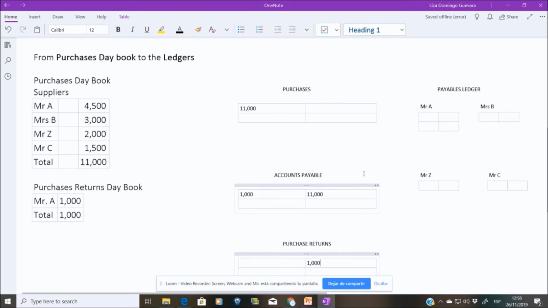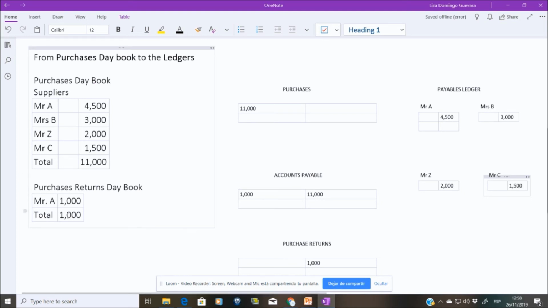So after that, we will also record to our subsidiary ledgers, to the individual supplier account. So we have Mr. A 4,500, Mrs. B 3,000, Mr. Z 2,000, and Mr. C 1,500.